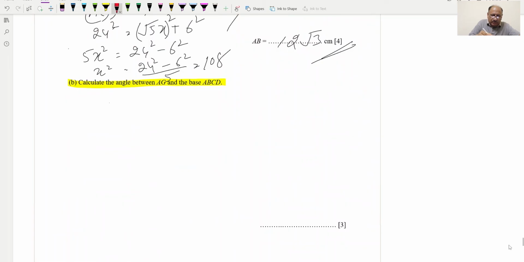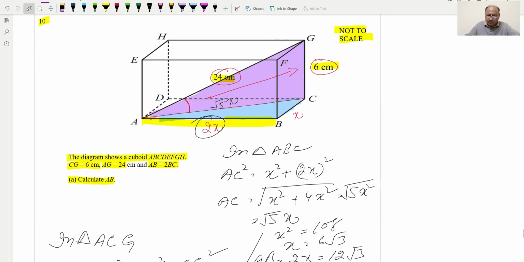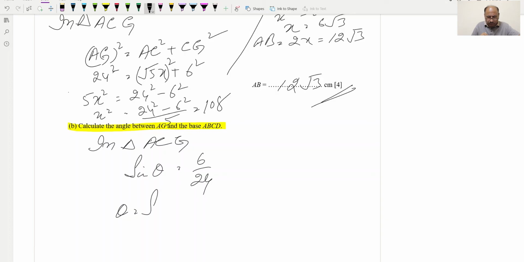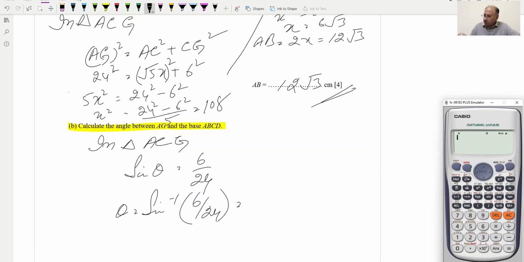So we can write in triangle ACG, sine theta is equal to 6 over 24, and theta will be equal to sine inverse of 6 over 24.